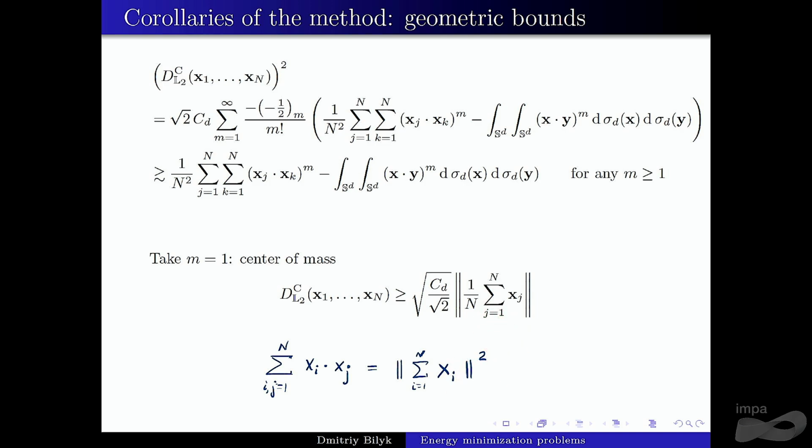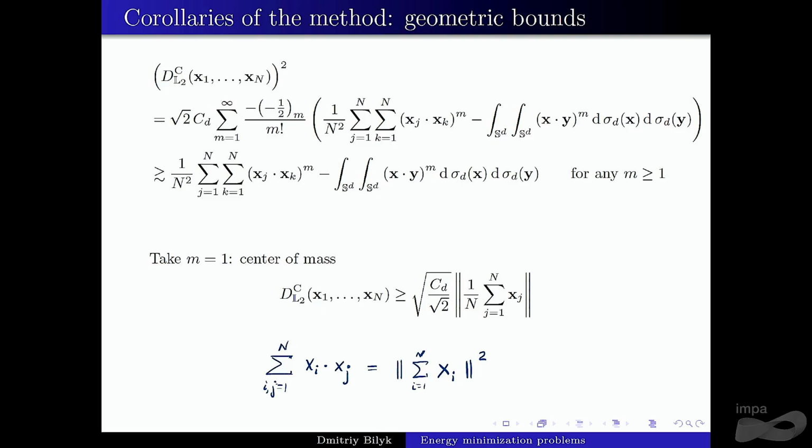Which, if you think about this heuristically, makes a lot of sense. This tells you that if the set is very unbalanced, then the discrepancy has to be large. It cannot be well distributed. However, even though this is very natural, I've searched the literature quite carefully, and I haven't found any statements of this form in the past. So the discrepancy is bounded below by the center of mass of the points.